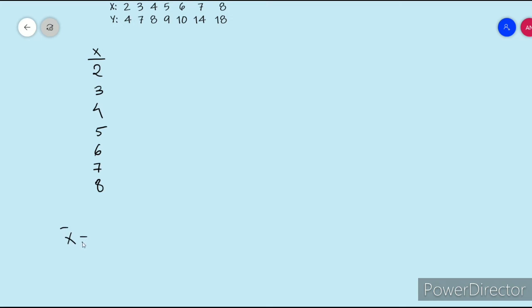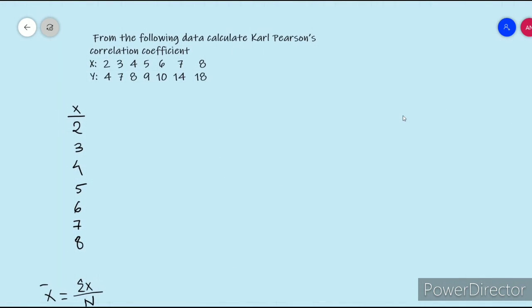is equal to the sum of the x values divided by the number of pairs of observations. So how many pairs of observations do we have here? This is one pair, second pair, third pair, fourth, fifth, sixth, seventh. So n is equal to 7.